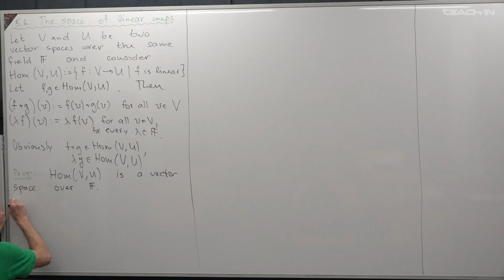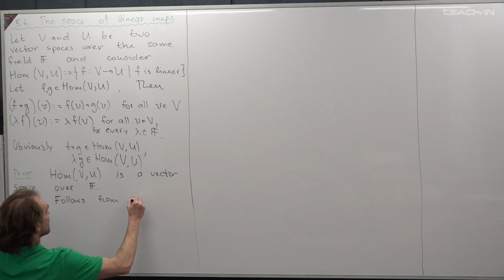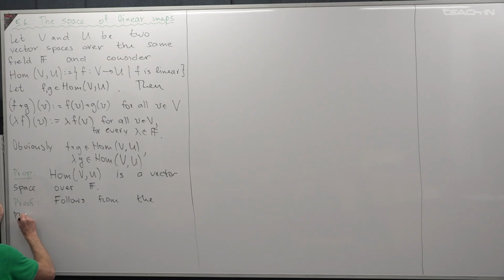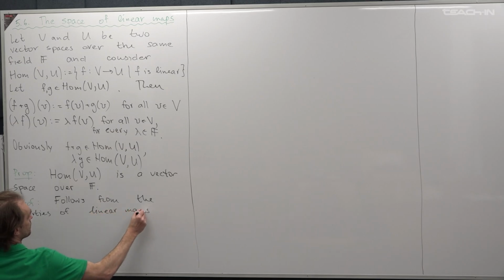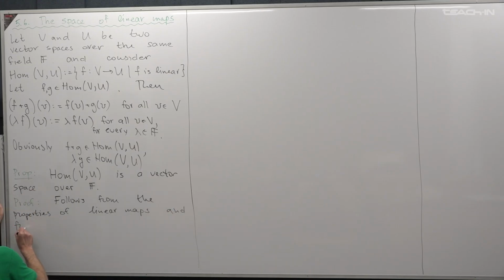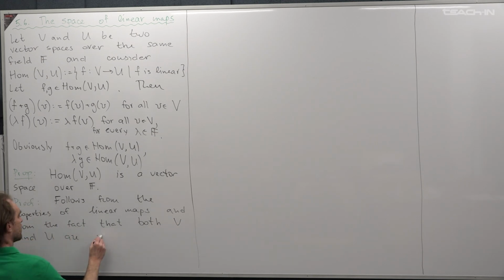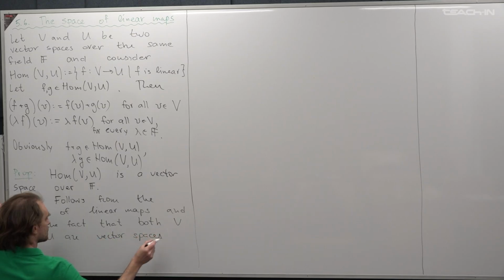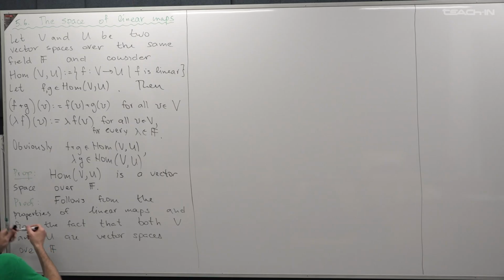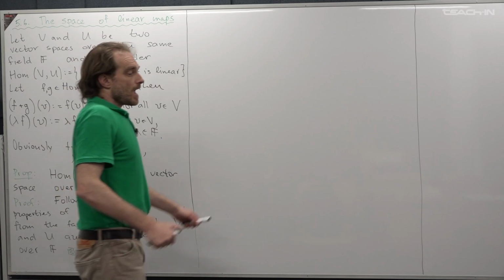So I will just write down that it follows from the properties of linear maps and from the fact that both V and U are vector spaces over F. I will not check all the properties carefully, so this is more or less obvious.